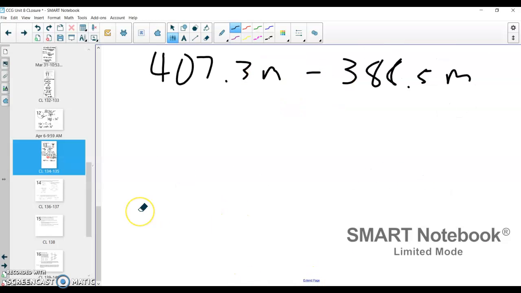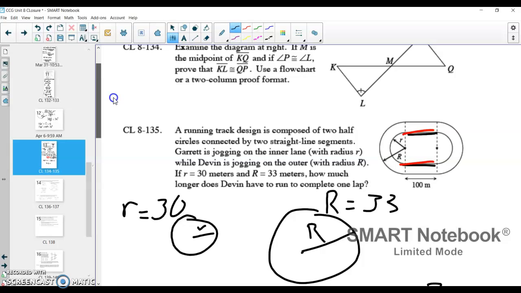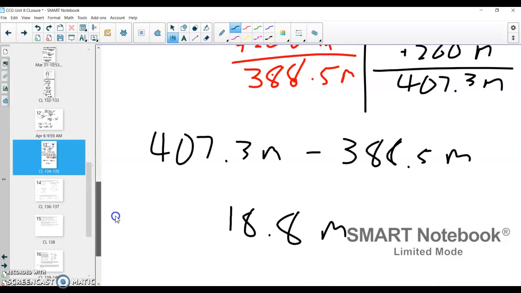And the difference is 18.8 meters. So the person on the outside of the track had to run 18.8 meters more than the person on the inside.